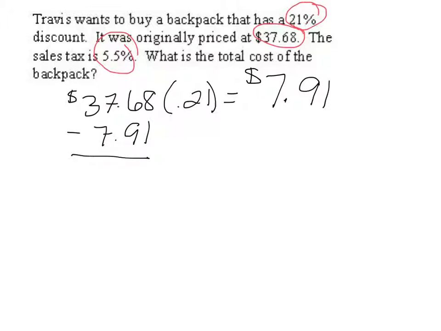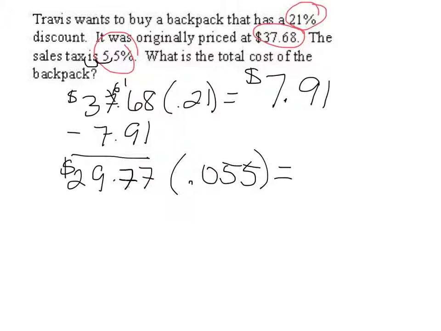And then I'm going to subtract that from the original price to see how much he has left to pay. So he's got $29.77. Oops. Now Uncle Sam's got to get his share. So we're going to take that times, when we change 5.5% to a decimal, we move our decimal 2 places, 0.055.